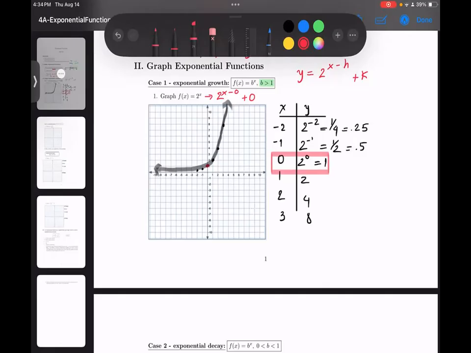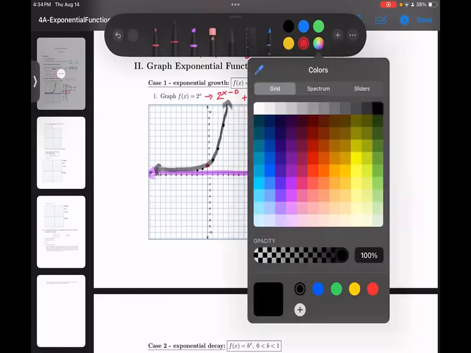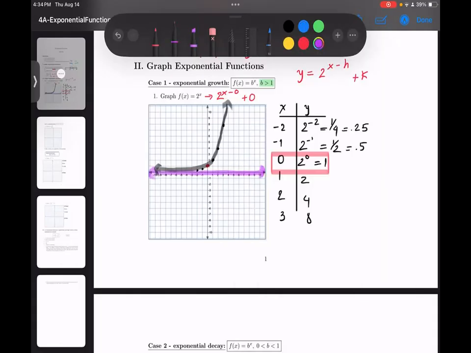The horizontal asymptote here is going to be, let me use purple here, y equals 0, and I'll show you where you're going to get that from. Y equals 0. That's the horizontal asymptote. This component determines your horizontal asymptote.